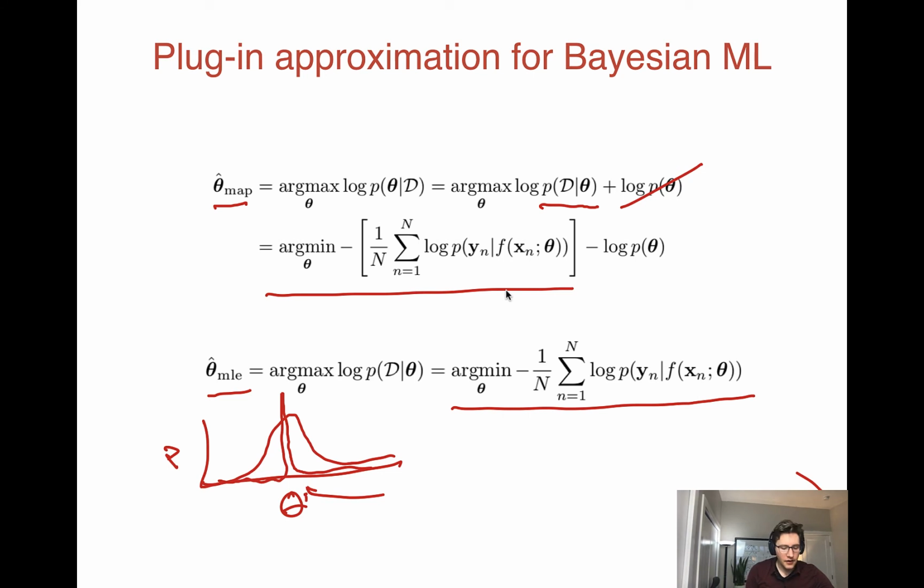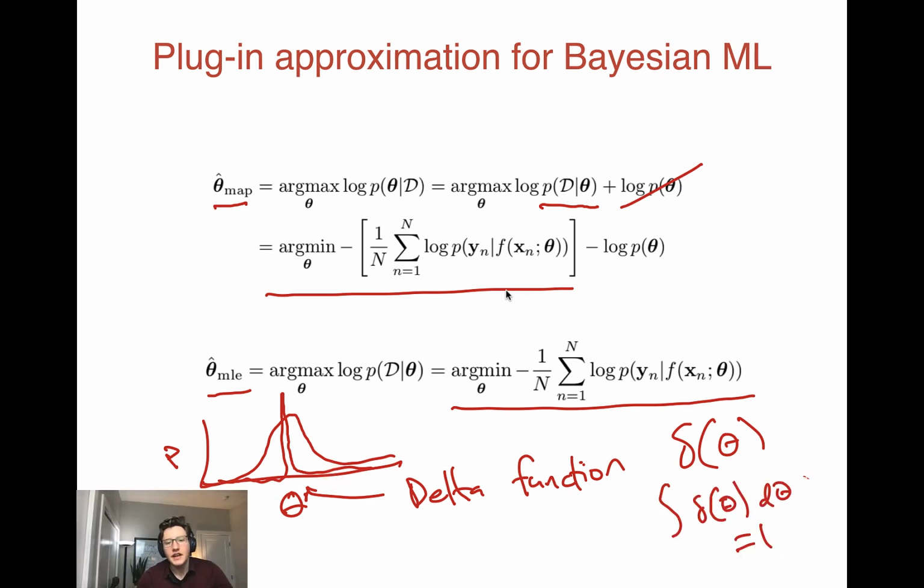That shape of posterior, by the way, is called a delta function. The delta function has an infinite value at exactly the specific value of theta and 0 everywhere else. The delta function has the funky mathematical property that the integral of delta of theta d theta equals 1.